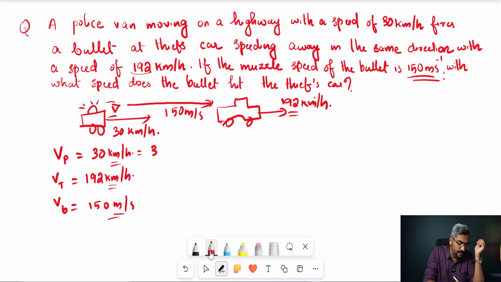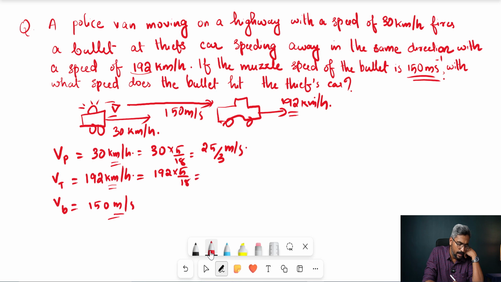That is 30 into 5 by 18. You all know that. You can cancel by 6, so it becomes 25 by 3 meters per second, in fractional form. And 192 into 5 by 18.